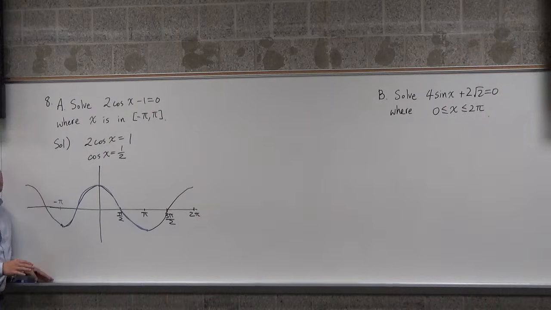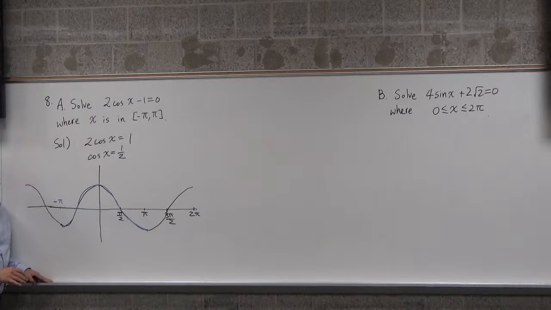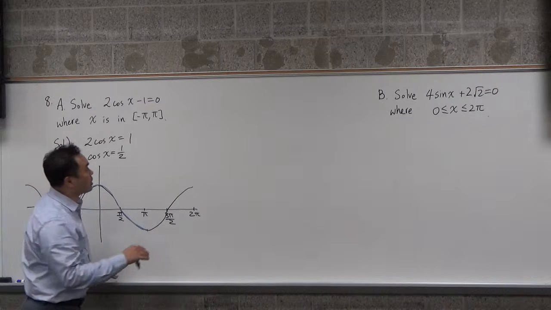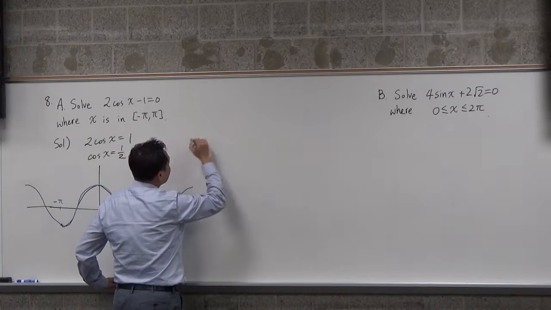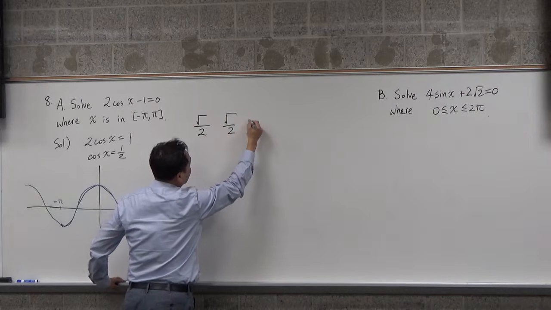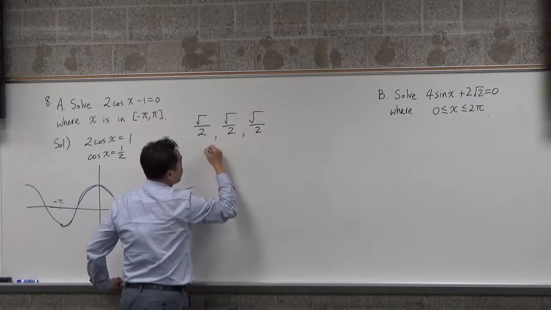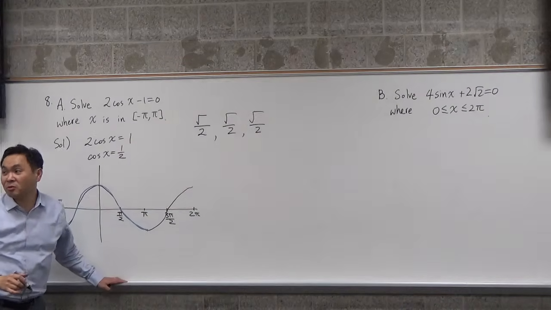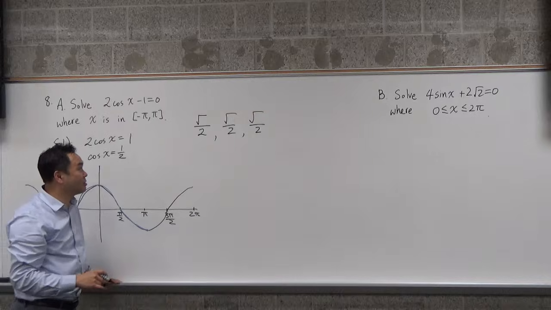Well, first you have to recognize that the value of 1/2 is what we call the small value in the special angle. So we talked about how cosine and sines have values that look like this at special angles, multiples of 30 degrees, 45 degrees, and 60 degrees.